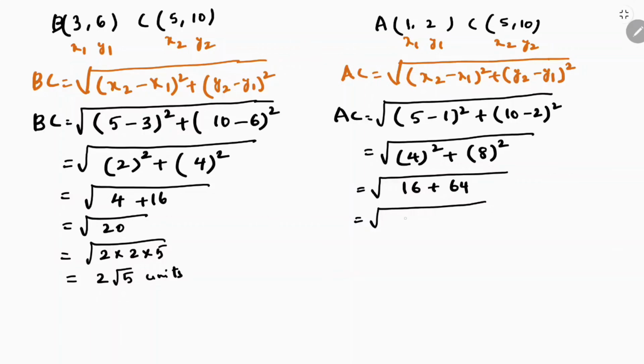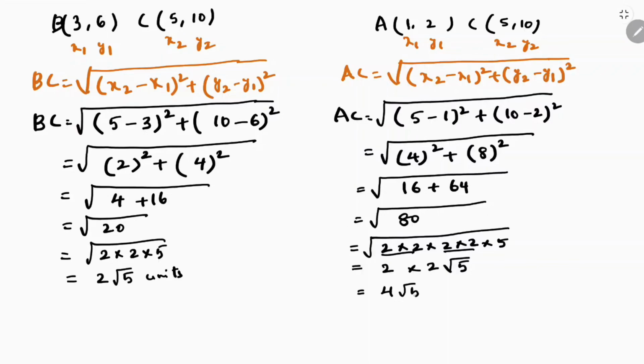So 16 plus 64 is 80. 80 if I do prime factors, 2 into 40, 2 into 20, so 2 into 2 into 5. So 2 times 2, it's 2 again, root 5. So it is 4 root 5 units.